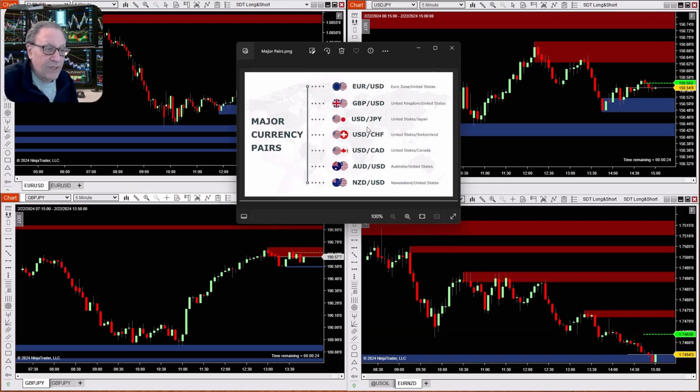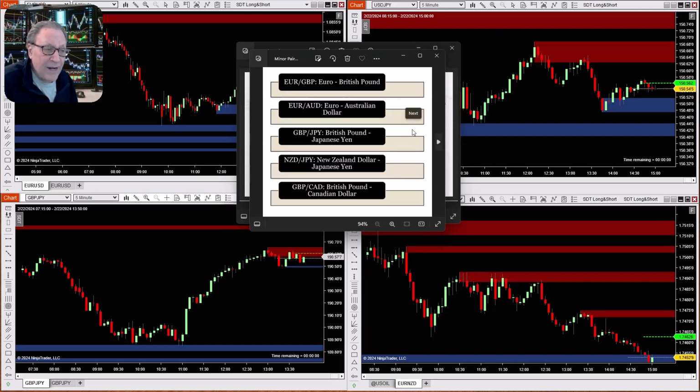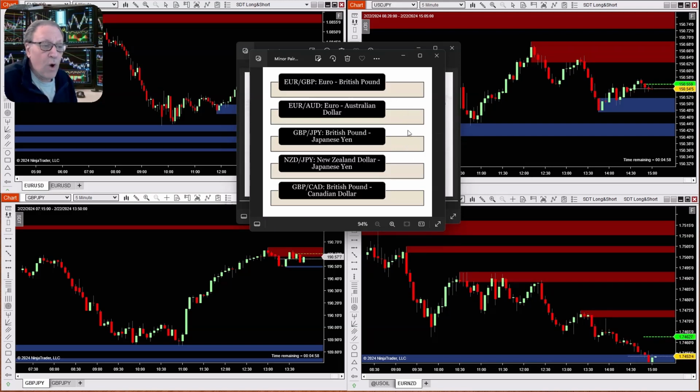The pound dollar, the dollar yen, the dollar Swiss franc, the dollar Canadian, the Australian and US, and the New Zealand US. But there are dozens and dozens of minor pairs that are pairs from mixed countries that do not contain the US dollar. You can look and review all of these to follow trading strategies and choose which one you want to trade.